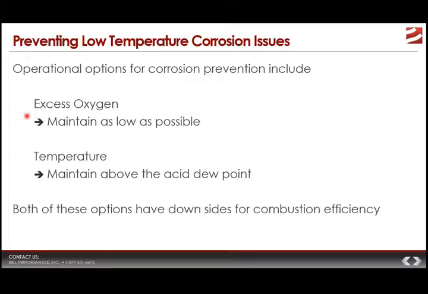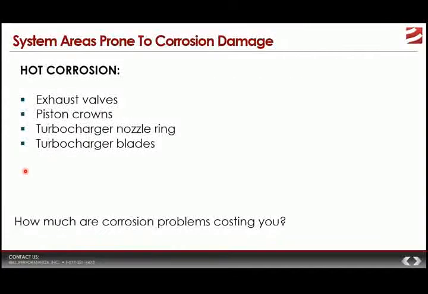The downside to this, though, is you're going to lose more heat, so you're going to cut into your efficiency that way. So with either one of these, you have a darned if you do, darned if you don't scenario. Neither one of them is a perfectly clean solution, but the operator has to do something, right? They can't just do nothing.